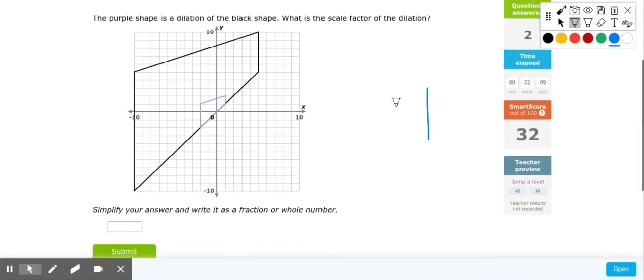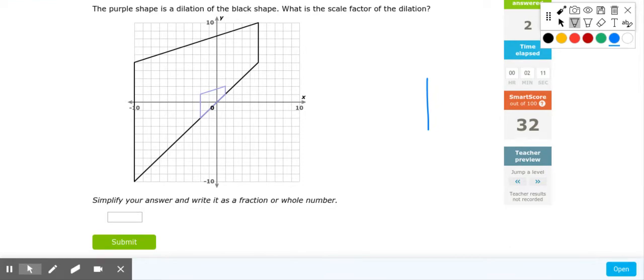The original is the black shape. If I take the black shape and look at this side length that I just highlighted in blue, that is 1, 2, 3, 4, 5. So that's a side length of 5, and my corresponding side on my new image is a side length of 1. That doesn't need to be simplified.